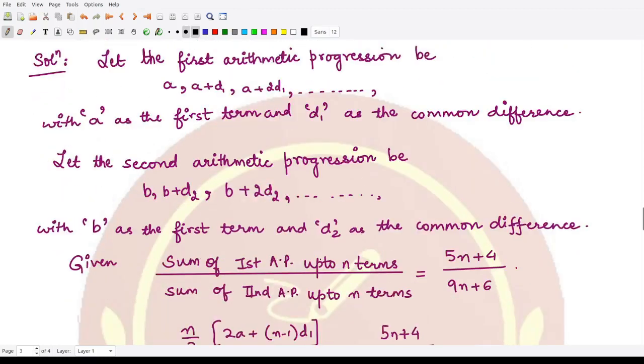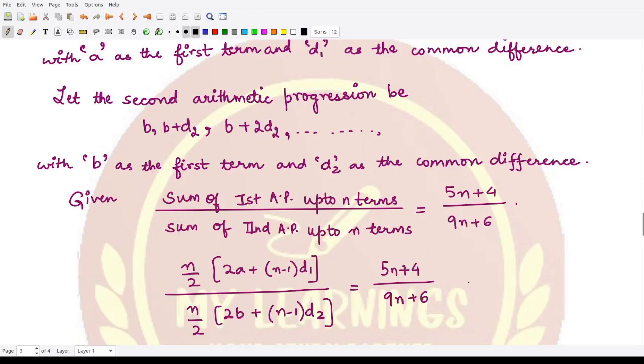So that means the sum of the first AP up to n terms divided by the sum of the second AP up to n terms is equal to 5n plus 4 divided by 9n plus 6. Now we can apply the formulas for the sum of n terms. So it would be n by 2 into 2 times the first term of the first AP, which is a, plus n minus 1 times the common difference d1, right?